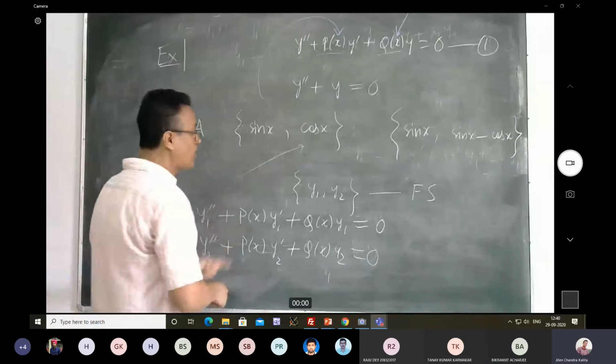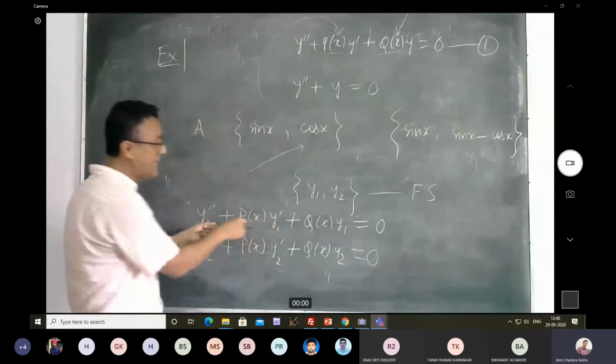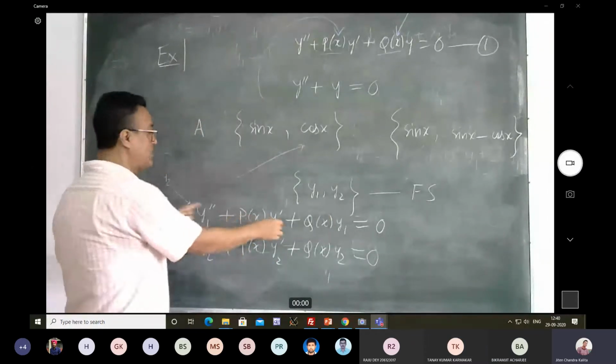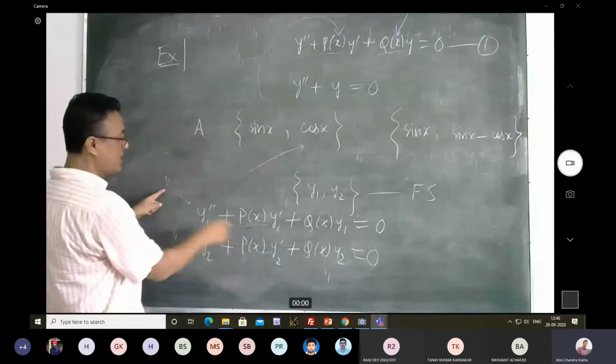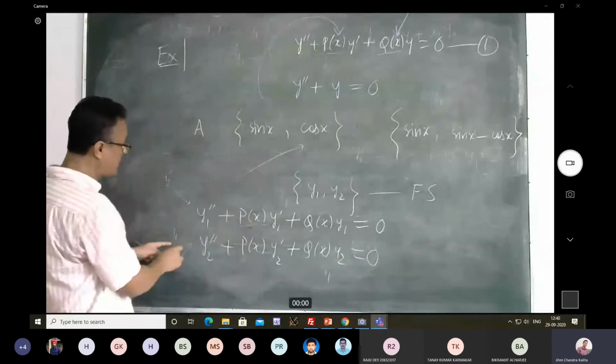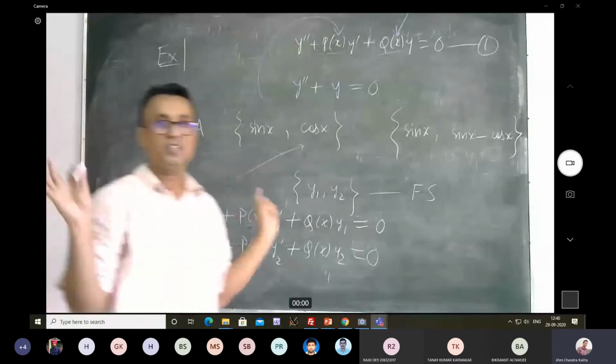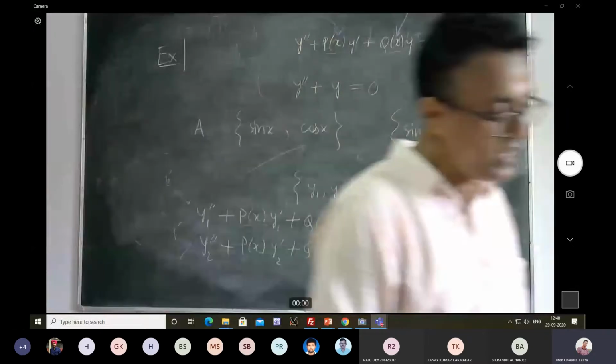Next, in order to find q(x), you are going to simply eliminate p(x). So in that case, you multiply this equation by y2 prime and this equation by y1 prime, and you are going to get it. Is it okay?